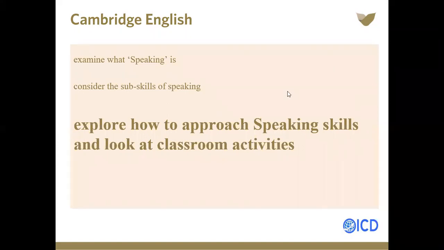So let's take a look at the festival approach. Whenever we are creating or arranging a speaking activity, what do we need to keep in mind? What are we actually targeting?